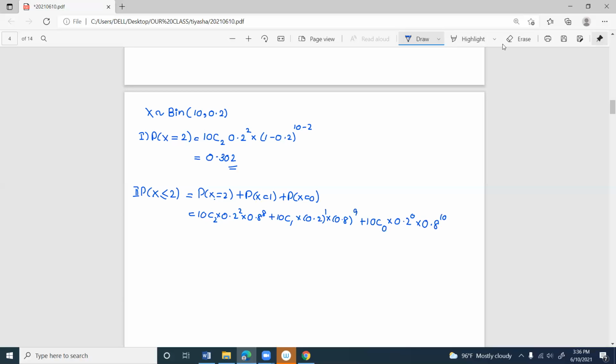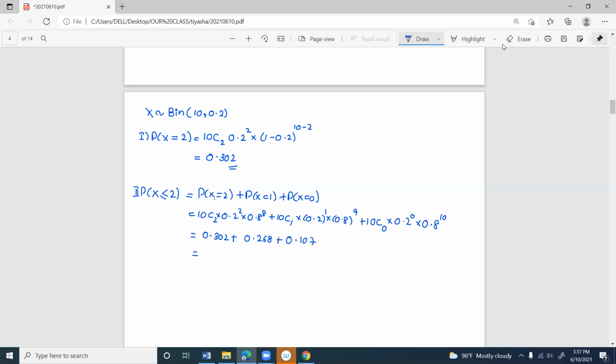That's the answer you need to get with it. Understood? Right. So in this case, we can say this amount we already found: 0.302, plus the next value, it's done up to 0.268, plus the last one, it's done up to 0.107.